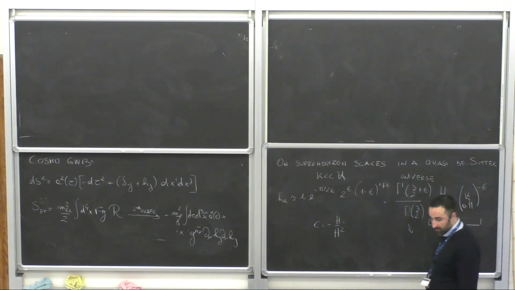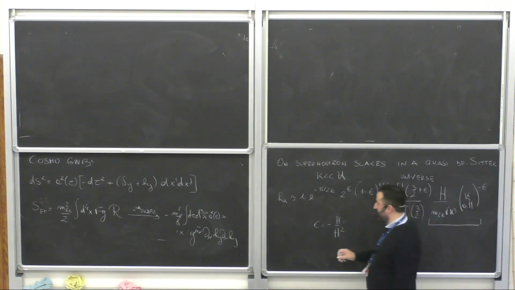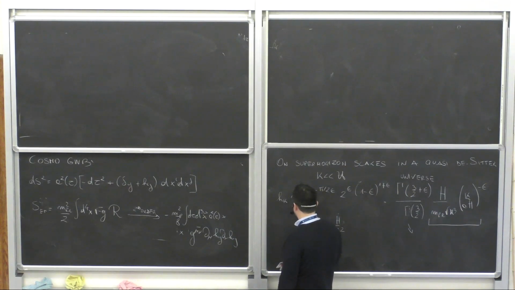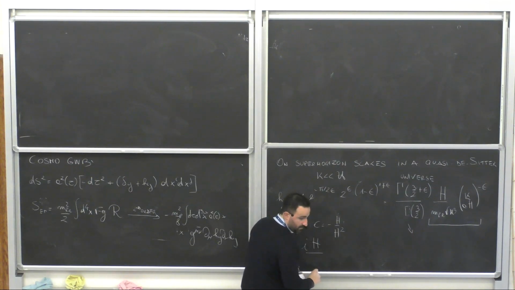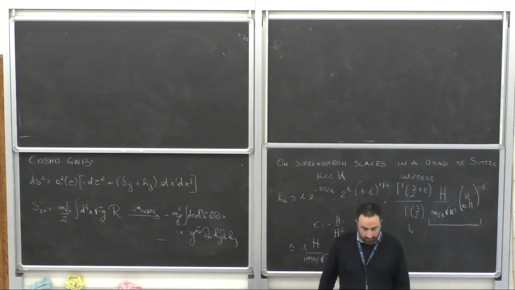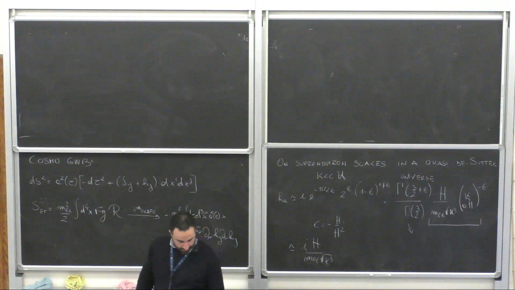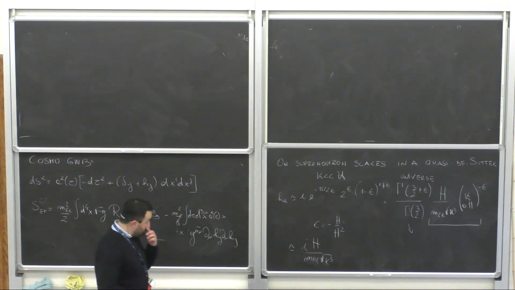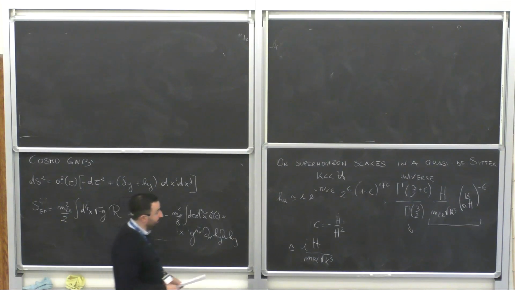I will set epsilon to 0, or even epsilon very small, as you know in quasi de Sitter. Then the solution becomes I H over Planck mass times k cubed.